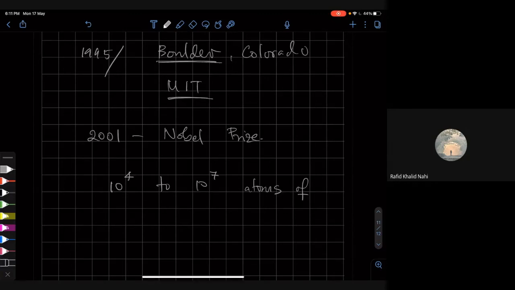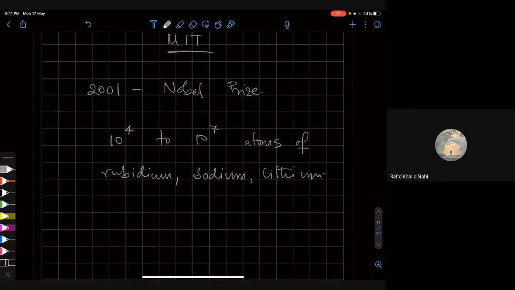of rubidium or sodium or lithium, and cooled them down to an incredibly low temperature of 10 to the power minus 7 Kelvin.